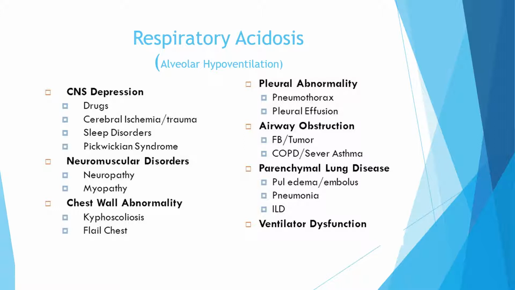For respiratory acidosis, you look at things that lead to alveolar hypoventilation. So this is a very broad category. It includes things that will cause CNS depression, such as drugs, cerebral ischemia, sleep disorders, any neuromuscular disorder, chest wall abnormalities, pleural abnormalities, things that cause airway obstruction, such as COPD and asthma, and other parenchymal diseases such as pulmonary edema, pneumonia, ILD.